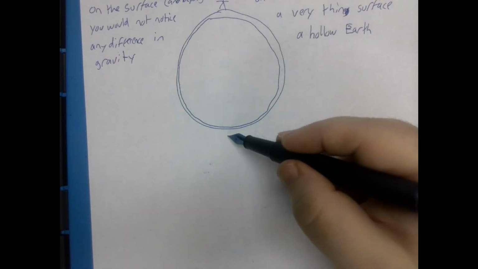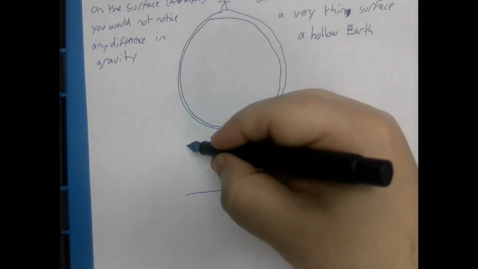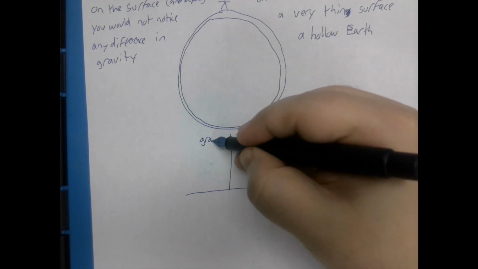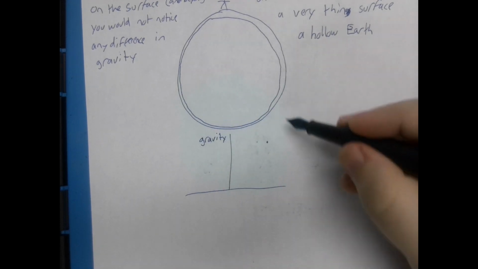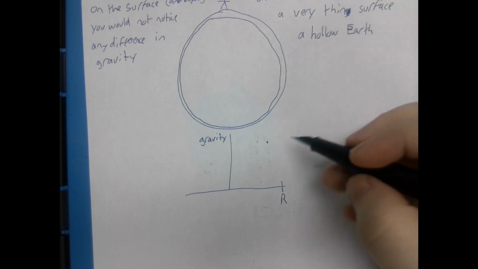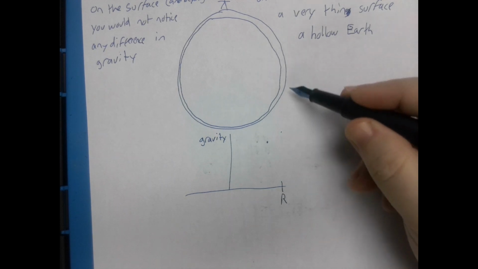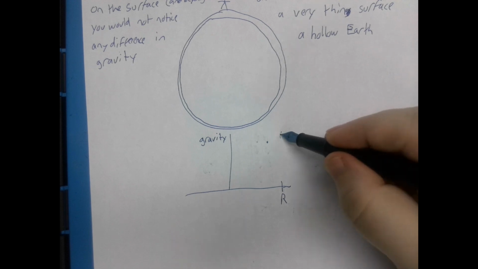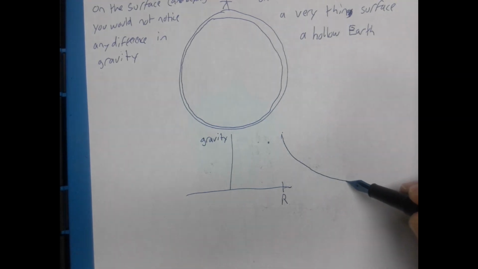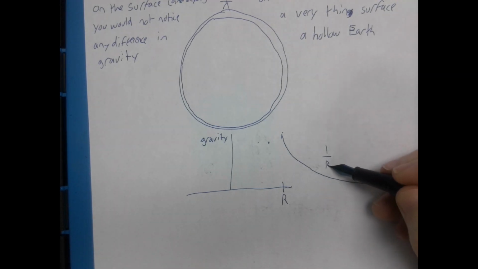So, me plotting it, gravity, and this would be radius r. So it would have this 1 over r squared curve out here.